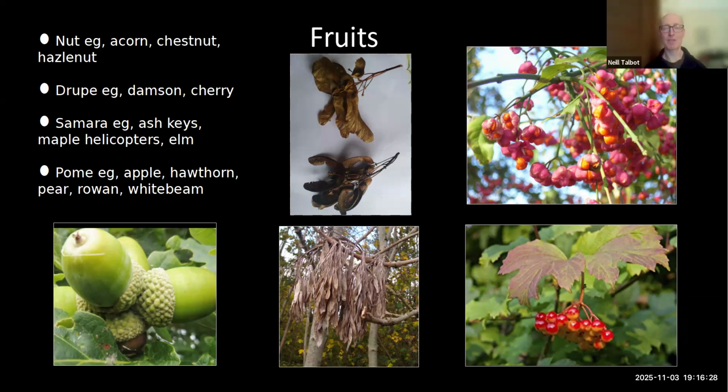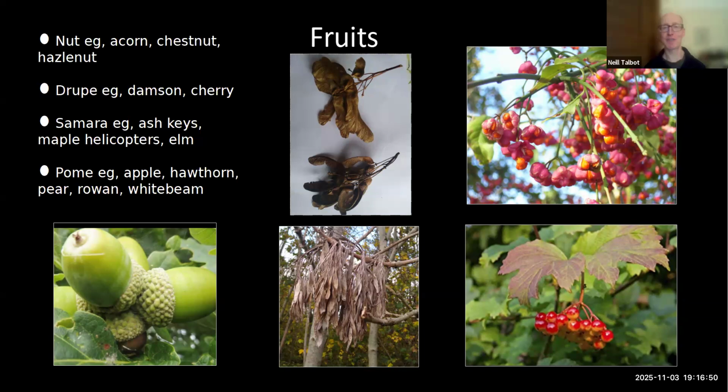So, first of all, I'll talk about the fruits on the various trees. There's basically four different types of fruits. There's a nut, a drupe, a samara, and a pome.